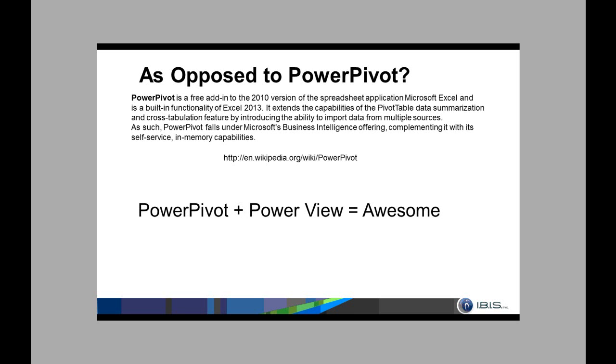As such, it falls under BI offerings, complementing it with its self-service and in-memory capabilities. PowerPivot plus PowerView is awesome. And yeah, that's a Wikipedia definition because Microsoft's was terrible and confusing.